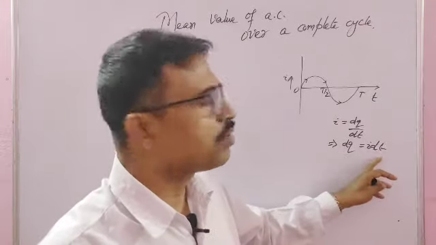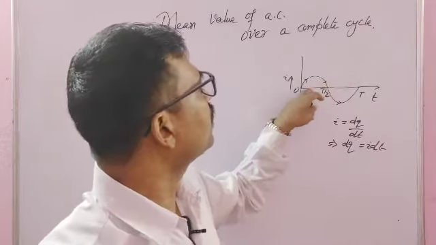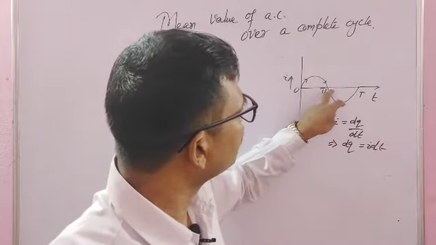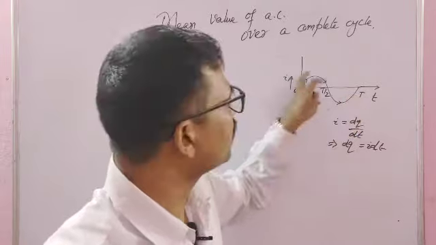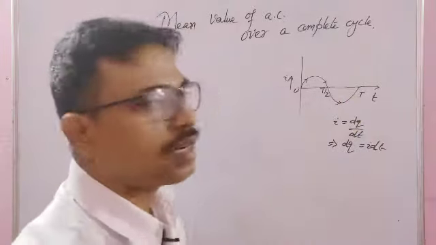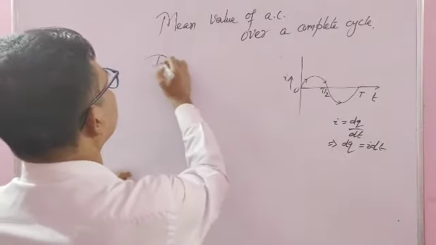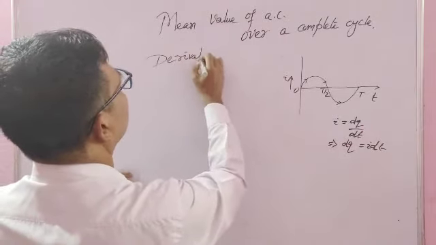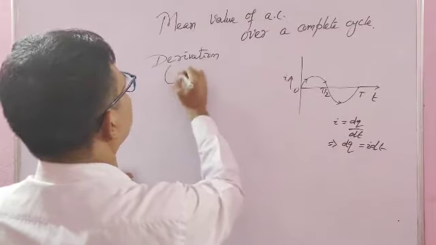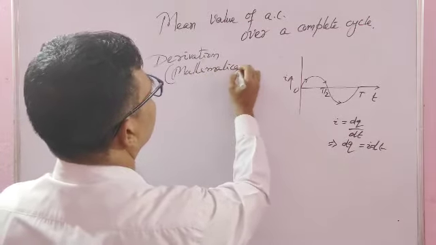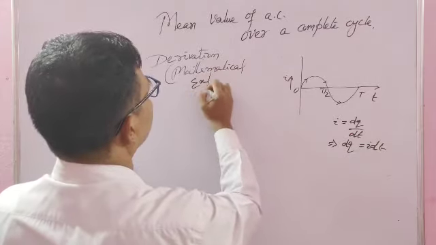So how much charge will flow in a complete cycle? Take 0 to T. So for a complete cycle, in the easiest method, let us derive the mathematical expression.